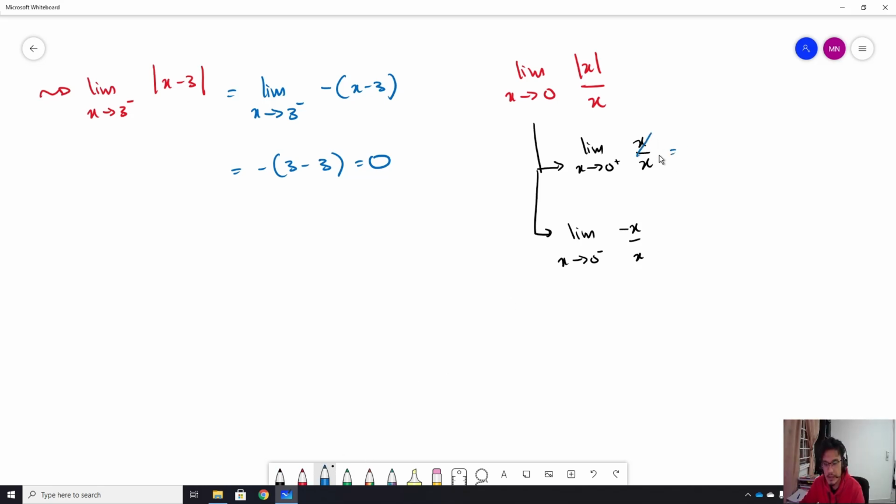So x over x can be removed, so it will be equal to 1. And this it will be equal to negative 1. So when we have a limit from right and left side equal to different numbers, not the same number, what we have learned before taught us is that the limit of x approaching 0 of modulus x over x does not exist.